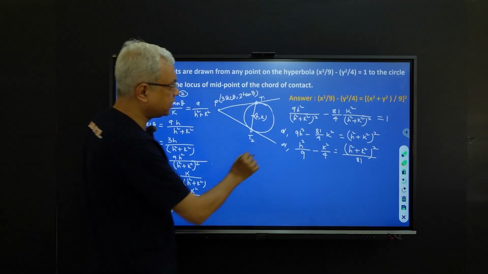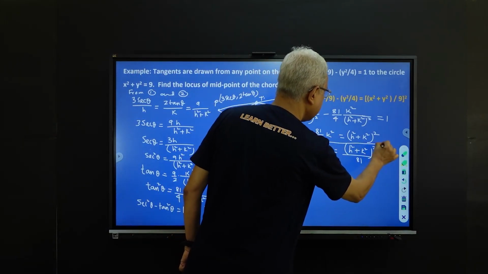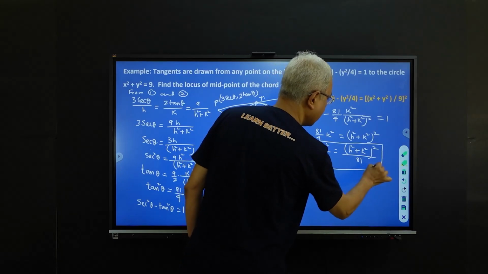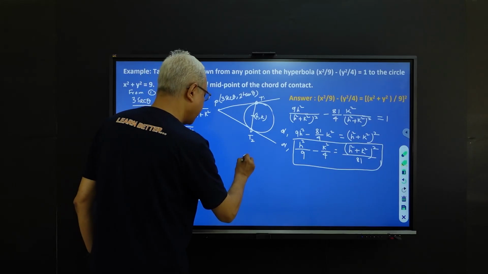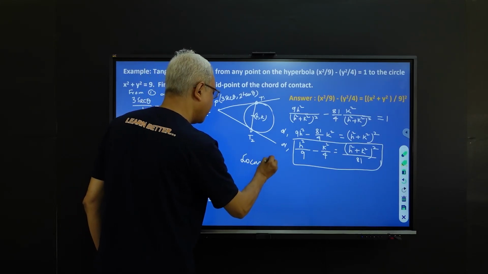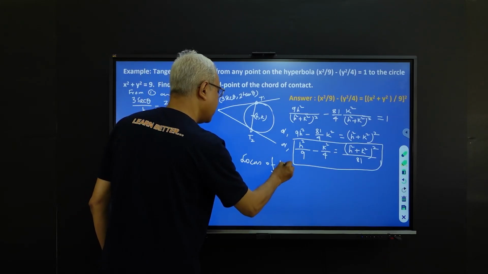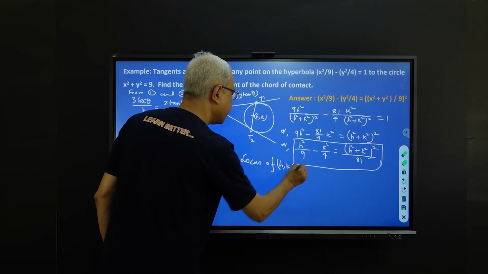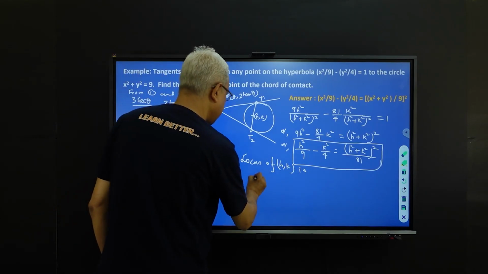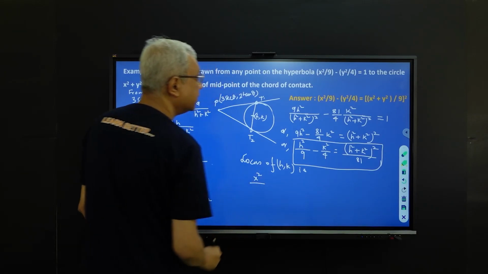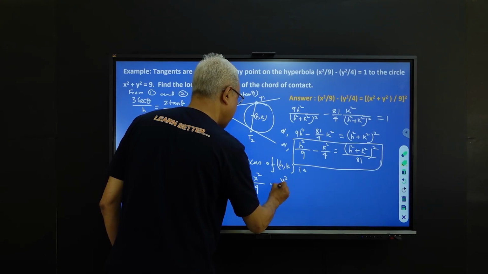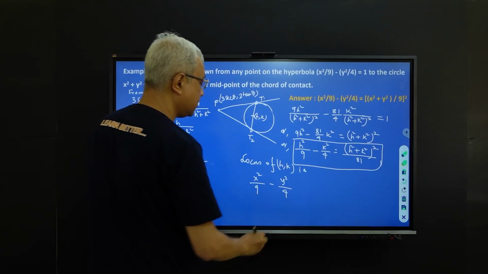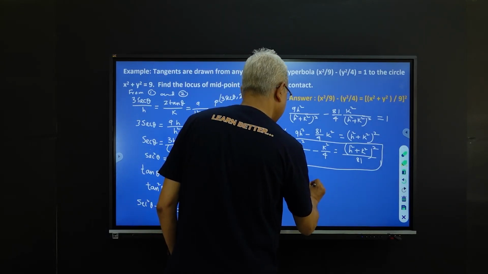So this is the relation between h and k, where (h, k) is the midpoint of the chord of contact. Therefore, the locus of (h, k) is x square by 9 minus y square by 4 is equal to x square plus y square by 9 whole square.